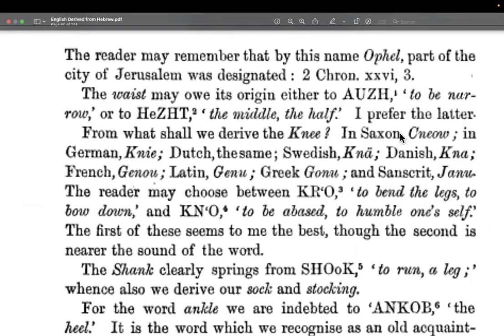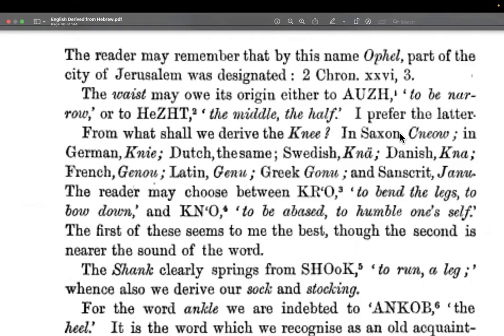I prefer the latter. From what shall we derive the knee? In Saxon, Kneeow, or Kneow. In German, knee. Dutch, the same. Swedish, kna. Danish, kna. And French, geno. Latin, genu. Greek, gonu. And Sanskrit, janu.